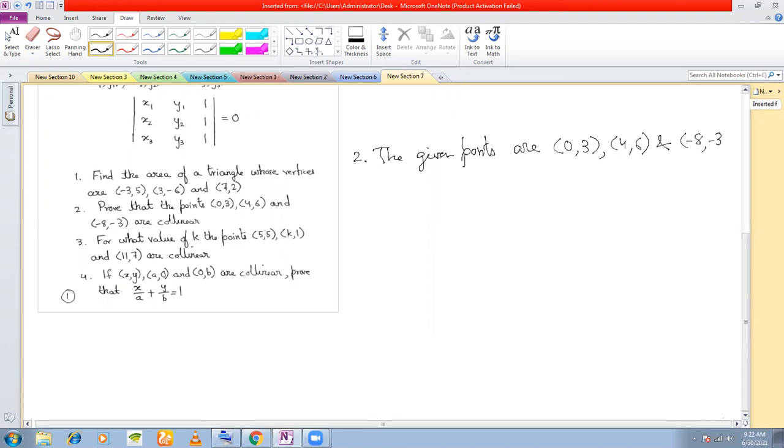Let us call these points A, B, C. Okay. The question is: prove that these points are collinear.